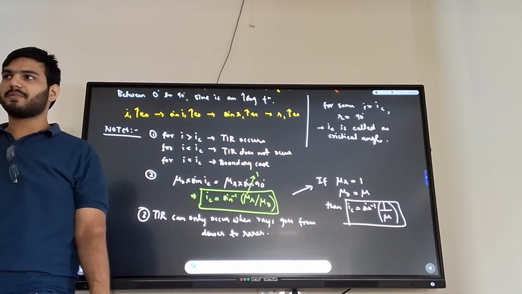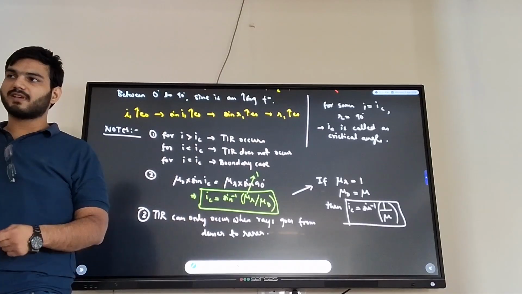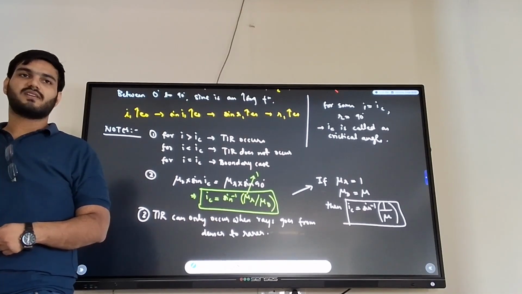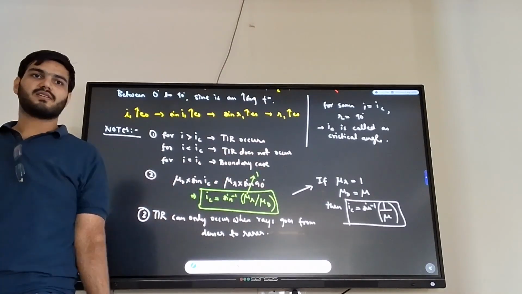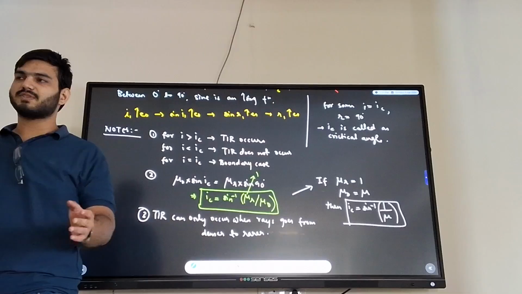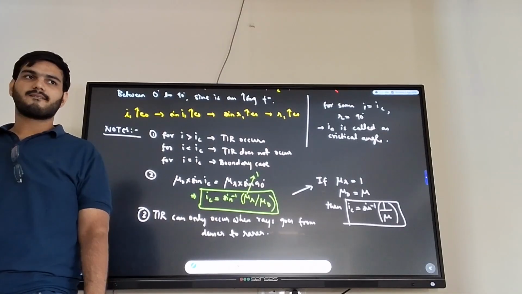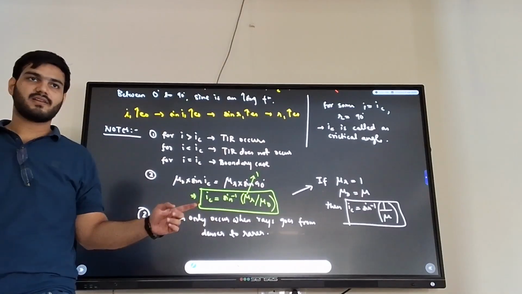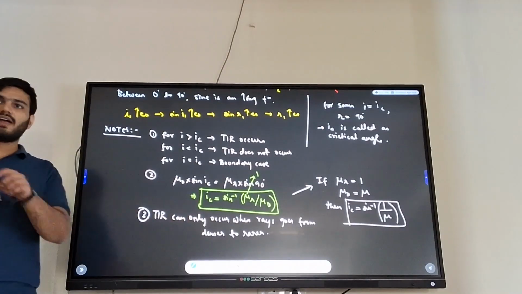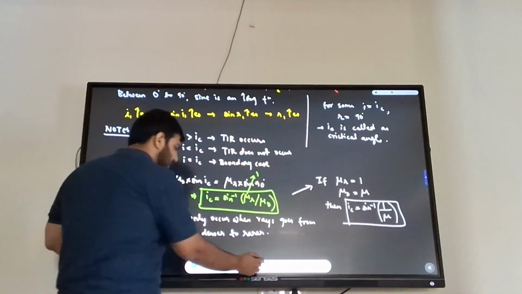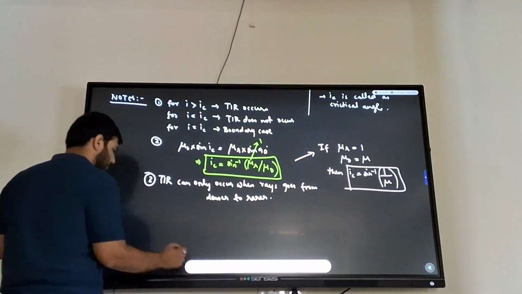How does it all happen? Or maybe when you give off some information, let's say you want to do long distance transmission, some signal from here to there, then why doesn't this signal get lost? Or why are there no losses in between? We use the principle of TIR. And let me tell you, the wire that you use is called the optical fiber. So optical fibers are something like this.